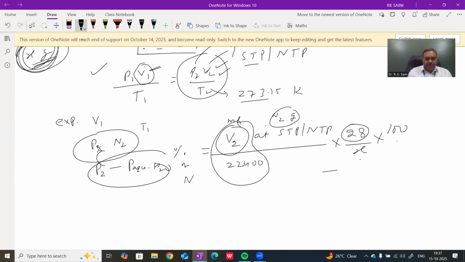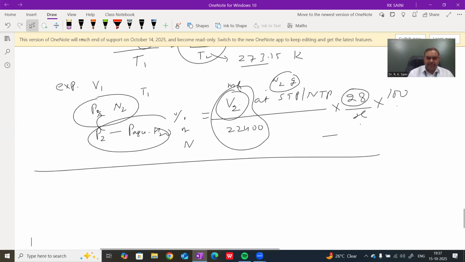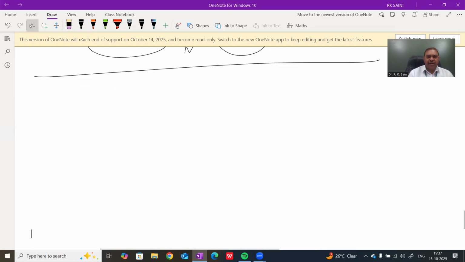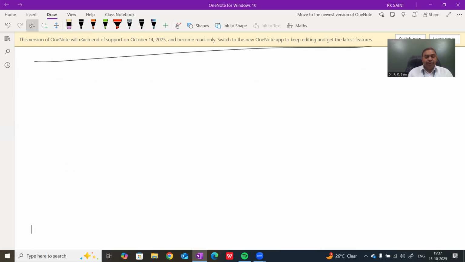Next, we also explain another analysis of nitrogen, qualitative and quantitative, by the Kjeldahl method.